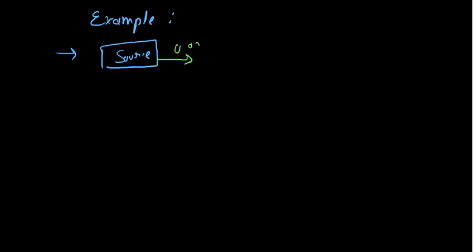Let's consider one concrete example for a deeper understanding. A discrete information source, let's say there is some source again emitting discrete information, and it emits either binary digit 0 or 1 with equal probabilities every tau seconds.